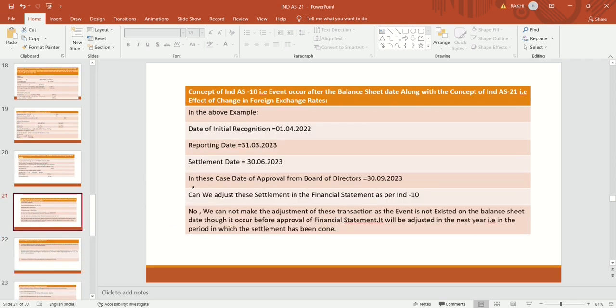Now comes the concept of Ind AS 10, that is events occurring after the balance sheet date, along with the concept of Ind AS 21, that is the effect of changes in foreign exchange rates.